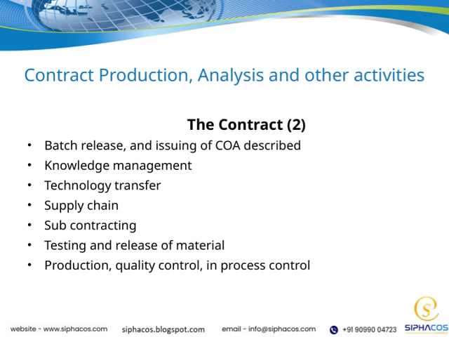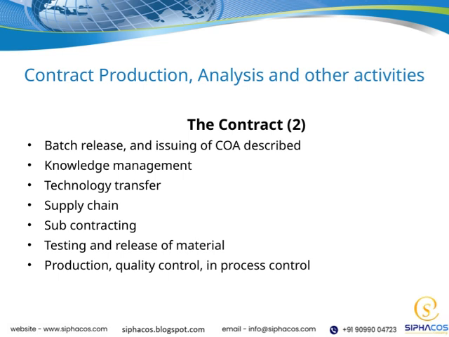The supply chain aspect can't be overlooked, as it involves coordinating the procurement and logistics needed to keep production on track. Subcontracting may also come into play, where certain activities are outsourced to specialized partners to optimize efficiency. Testing and release of material are ongoing processes that verify raw materials or intermediates meet specifications before they enter production.